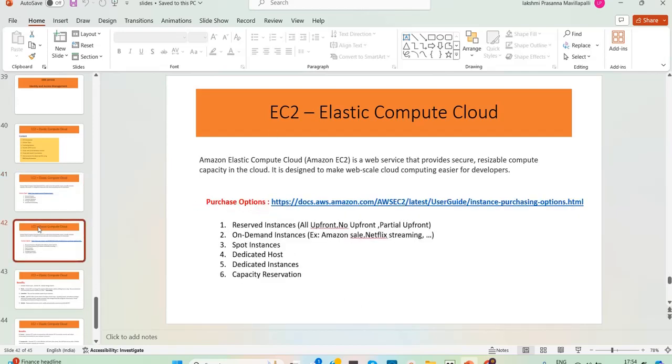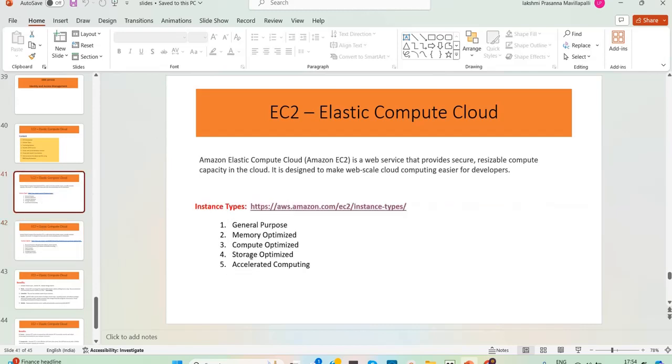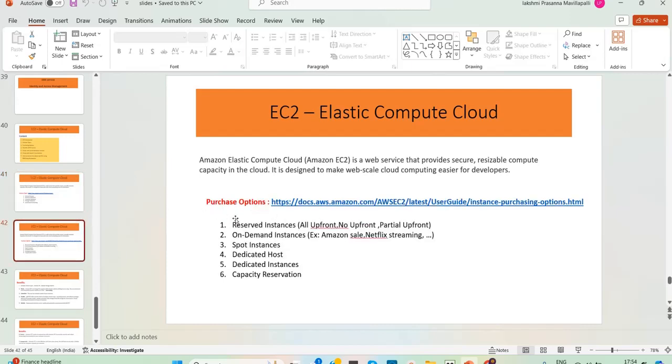So next, once you decide that instance type, for example, if you want to take a memory optimized virtual machine, then you want to decide the purchase options, right? Just like the laptop example which we have seen, we have decided our configuration.